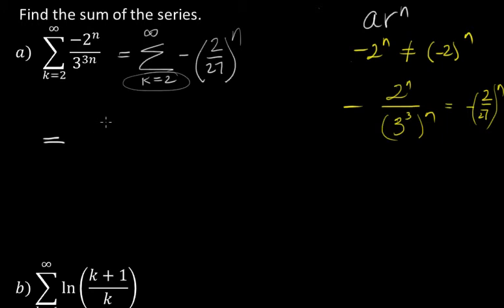Well, the first term is when k is equal to 2. So it will be equal to minus 2 over 27 squared over 1 minus 2 over 27. And you go ahead and simplify that yourself. That is the sum of the series.